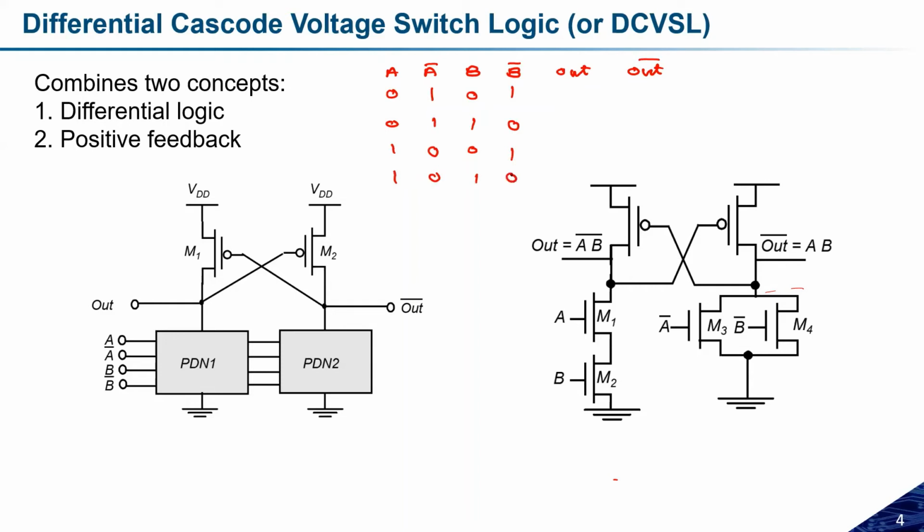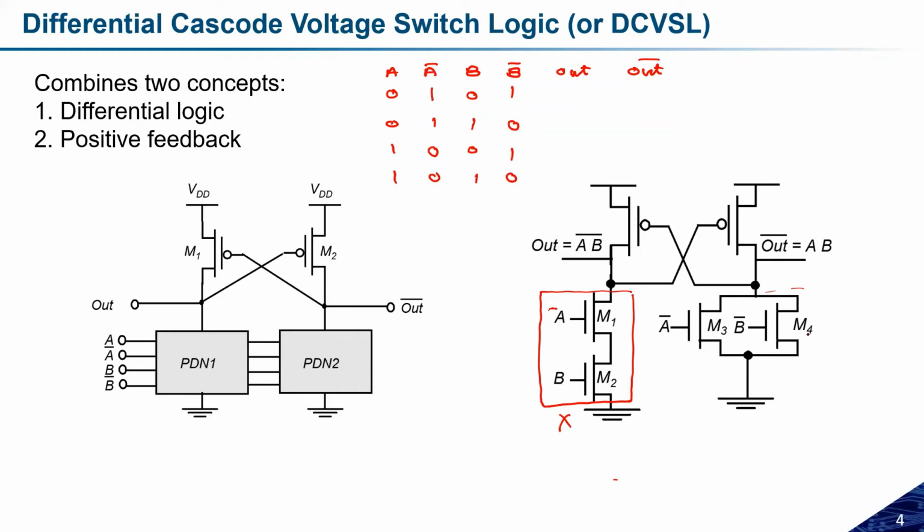This is the truth table. Now let us validate it. If either of the inputs A or B is 0, this structure will not work.